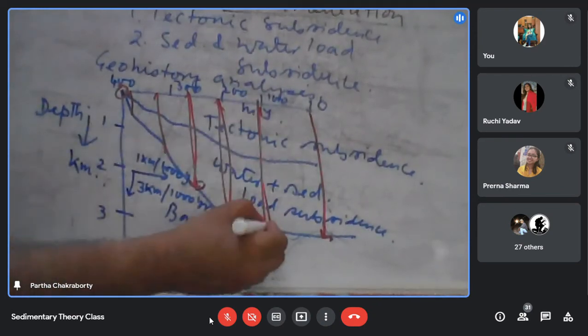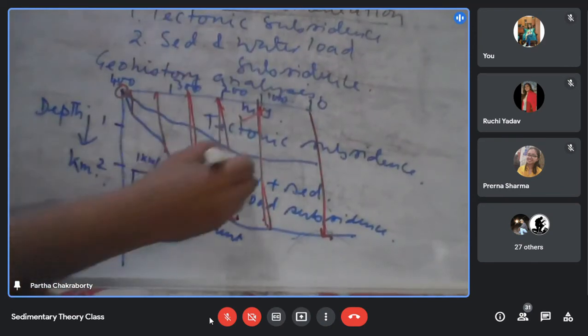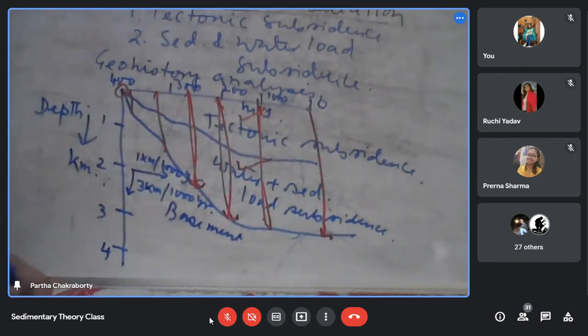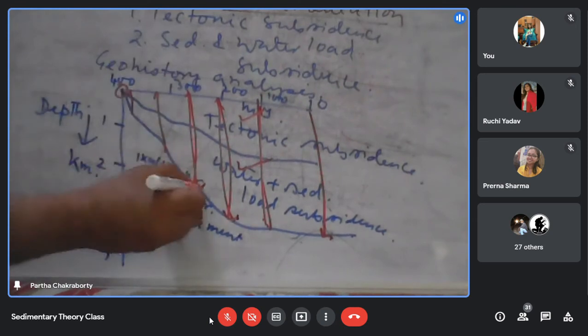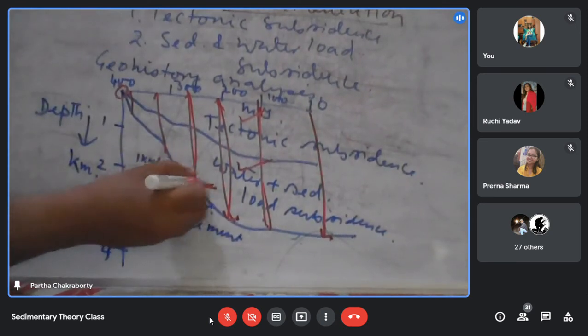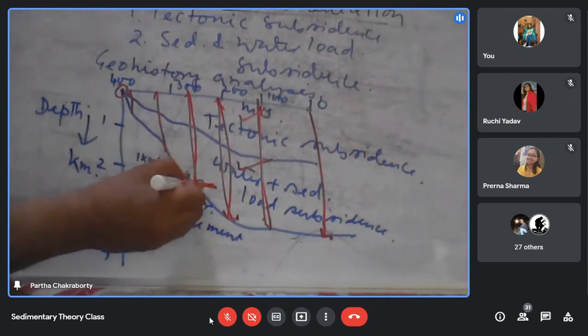Out of this total, this was the tectonic contribution, this is the sediment and water load contribution, and the depth of the basin is this. So, do I expect the organic matter to mature at this depth if I take the geothermal gradient?